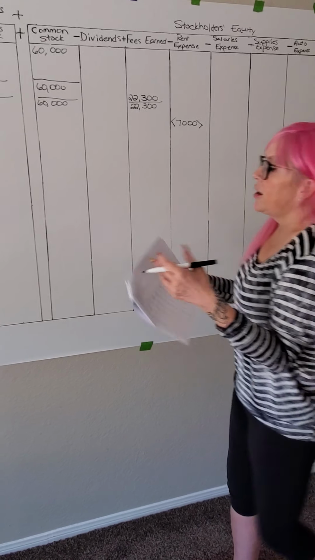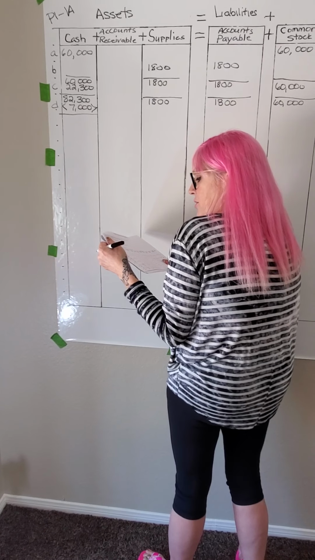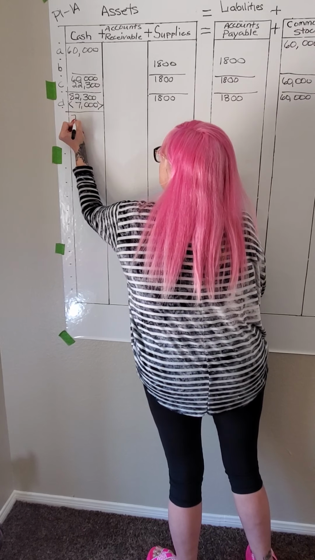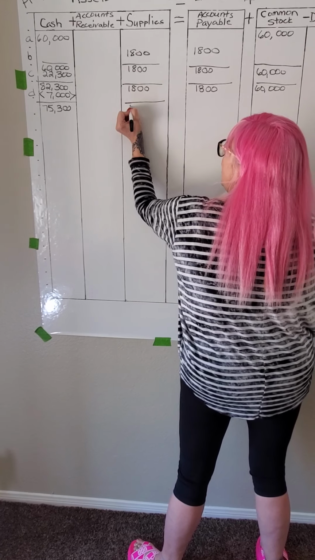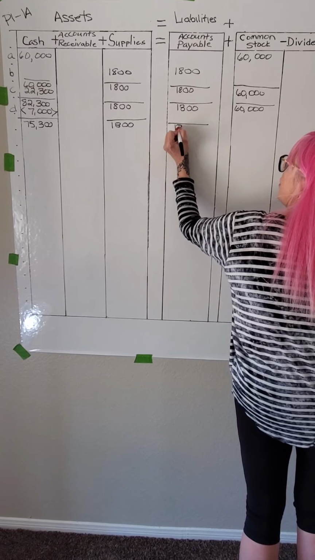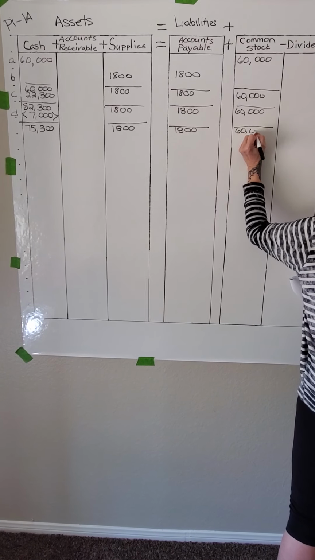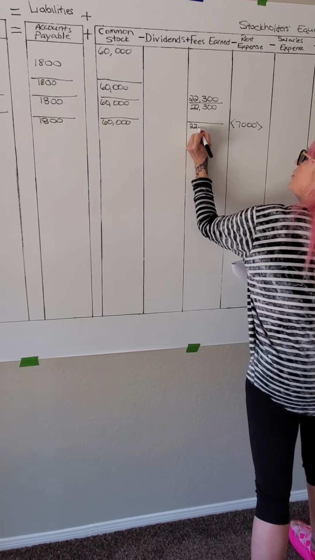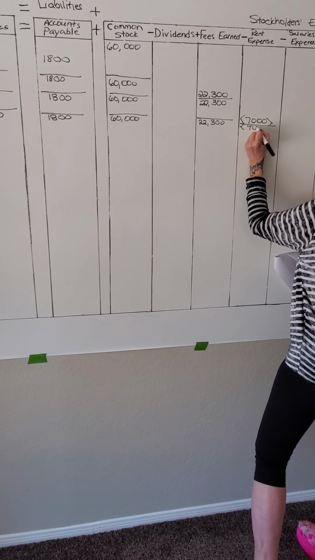Now I'm going to give us our balances after this transaction. $82,300 minus $7,000 is $75,300. We've got supplies of $1,800, accounts payable of $1,800, common stock of $60,000, fees earned of $22,300, and rent expense of $7,000.